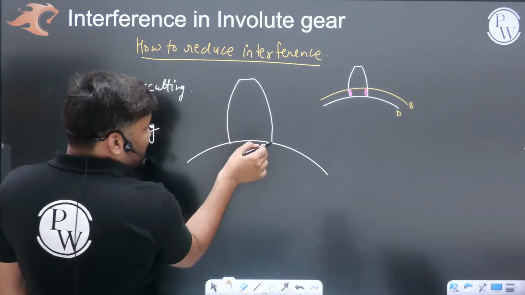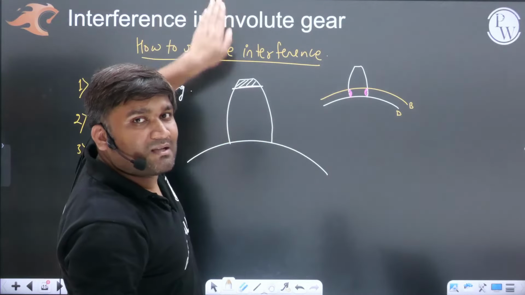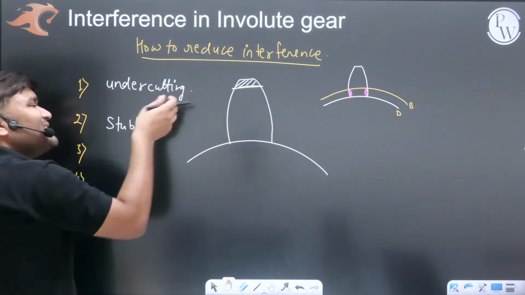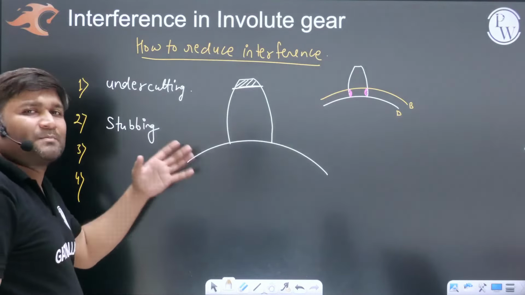So sir, why don't you reduce the height of these teeth? If you reduce the height of these teeth, obviously it will not touch the opposite gear at the non-involute portion. Clear hai? This method is known as stubbing. Up to a certain level, this is also acceptable.